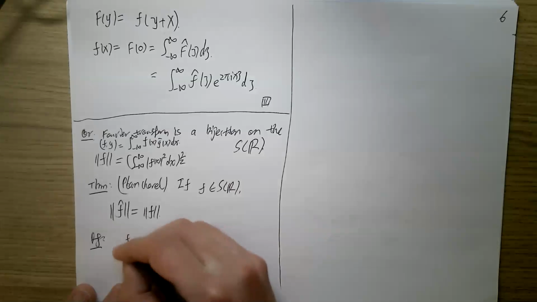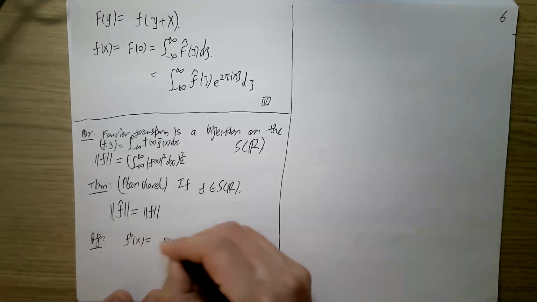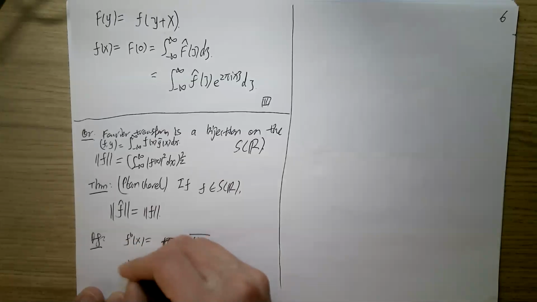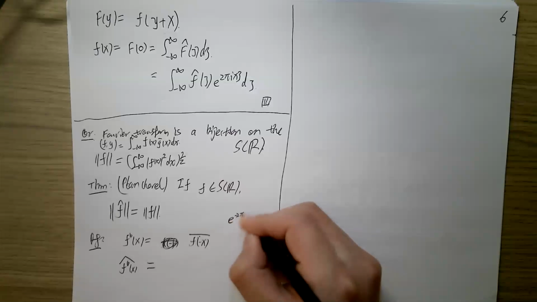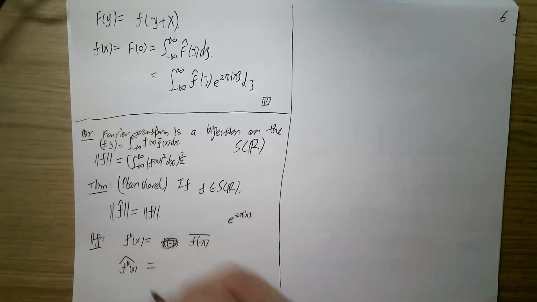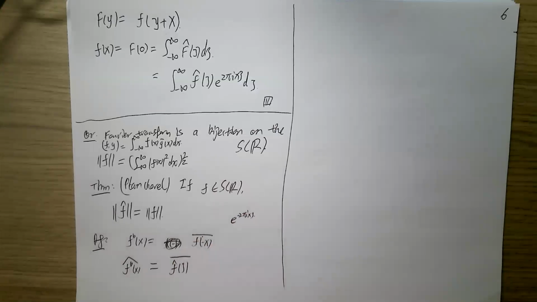Let's say this reflection of f is f_b. The reflection and conjugate is f(minus x) with a bar. Then what you'll find is, if you take the Fourier transform of it, since you take the bar here, it's e to the power minus 2πi x ξ, and if you take the bar, you change this minus to plus. So it will equal f hat of ξ with a bar.